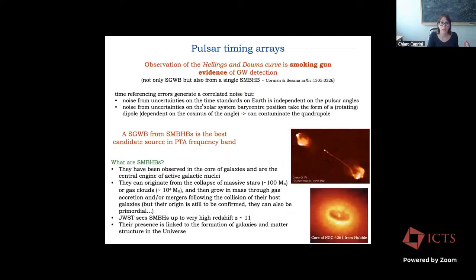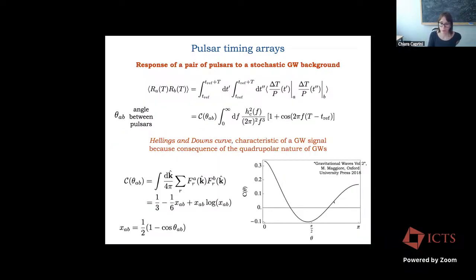Okay, so the uncertainty on the time standards on Earth is actually independent of the pulsar angles, clearly. The uncertainty in the solar system barycenter position takes the form of a dipole, okay? So not of a quadrupole like this, but they just depend on cosine theta.